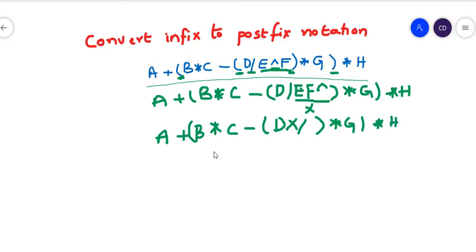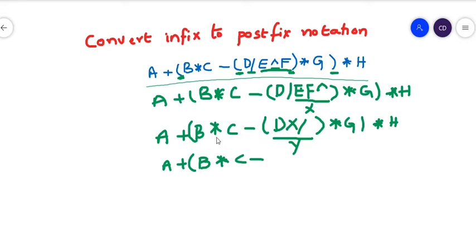Now I can take this entire part as some variable, y. What is y? Y is nothing but d x divide. So here I have a plus b multiplied with c minus y multiplied with g.